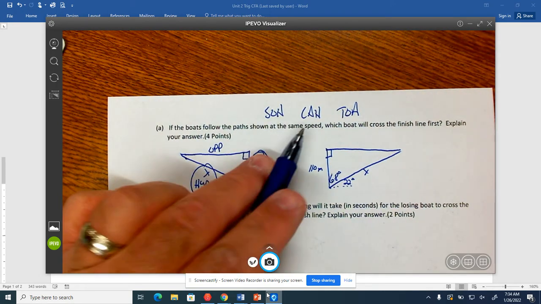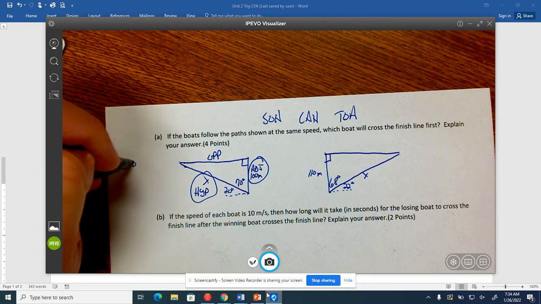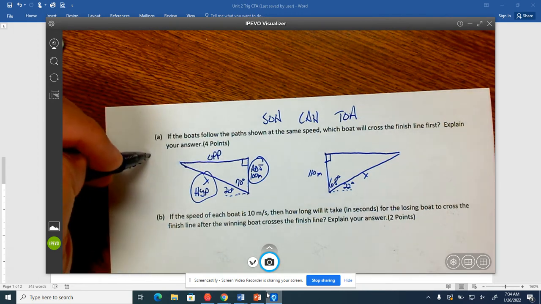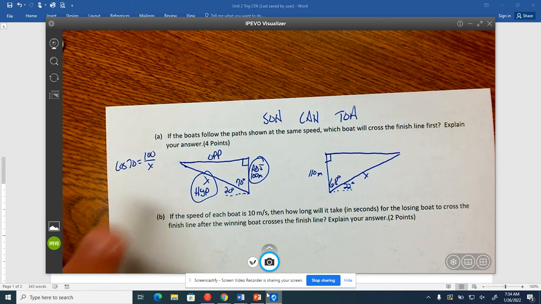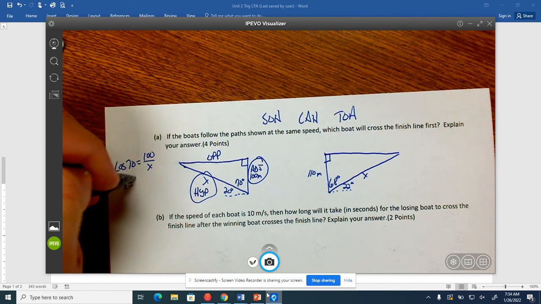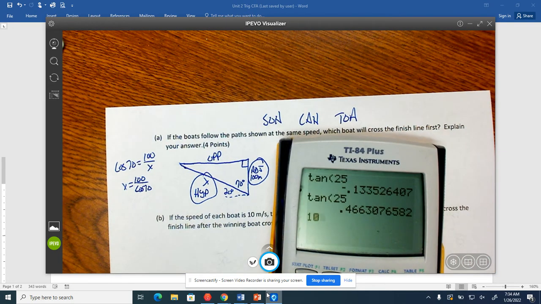Adjacent and hypotenuse is cosine. So cosine of 70 equals adjacent over hypotenuse. Because x is in the denominator, I switch. X equals 100 divided by cosine of 70. So I'm going to do 100 divided by cosine of 70.